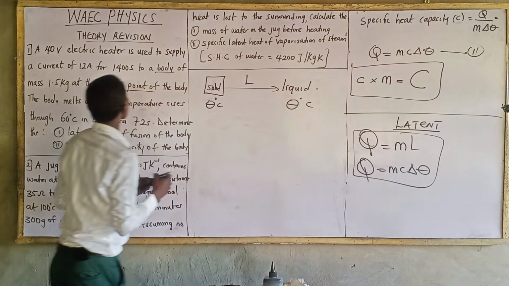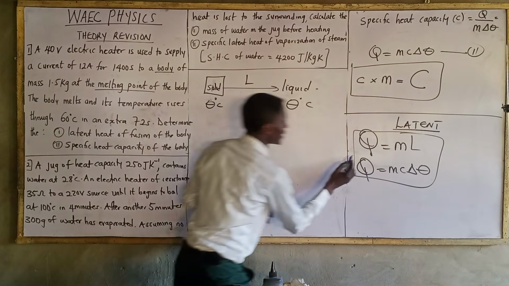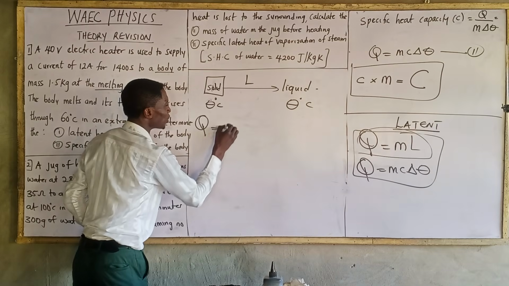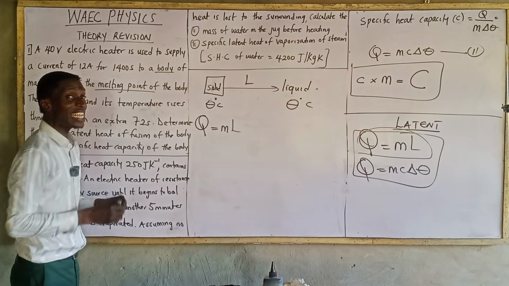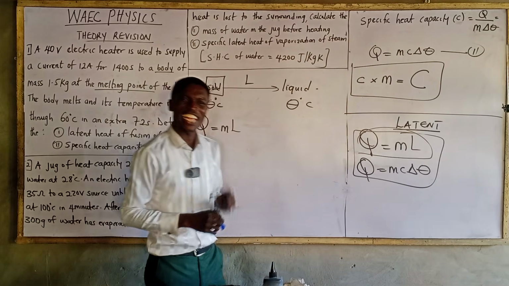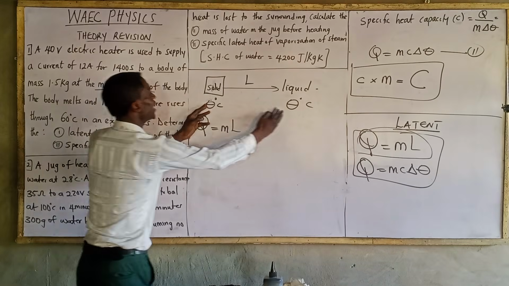Since we are talking about latent heat, we work with the formula Q equals mL. Since we notice a change in state, we're working with this. If there's no change in state, we work with the heat capacity. So here there's a change in state.